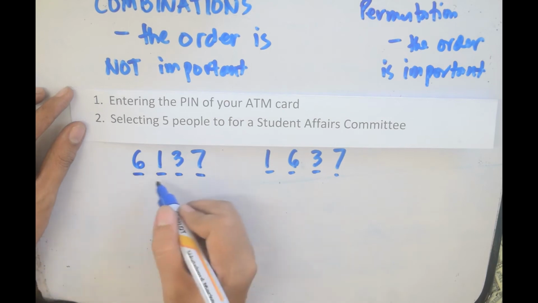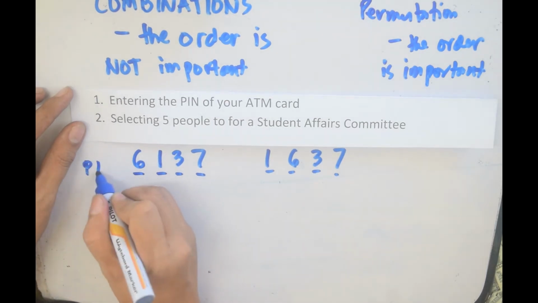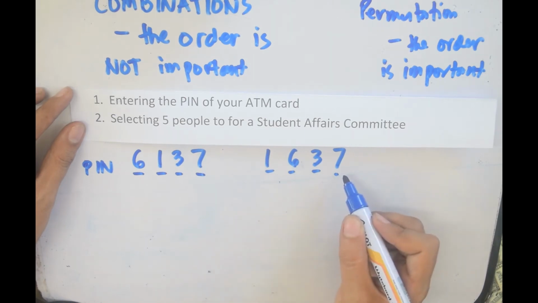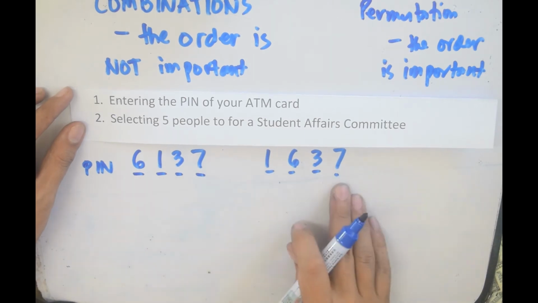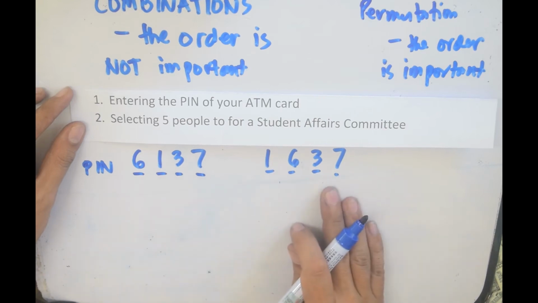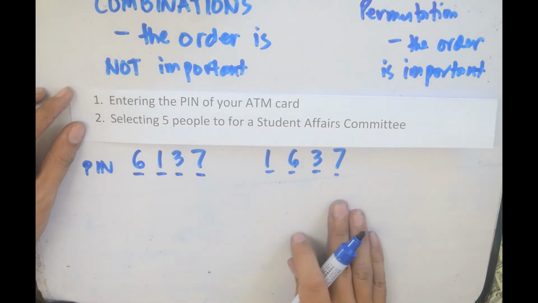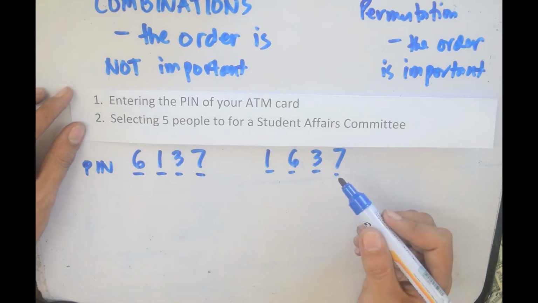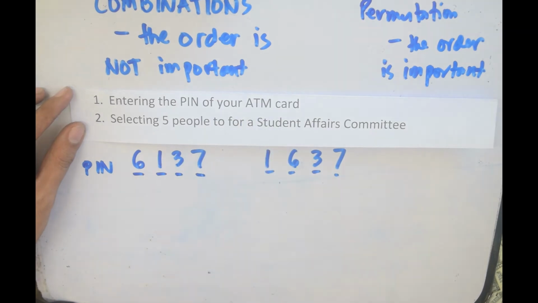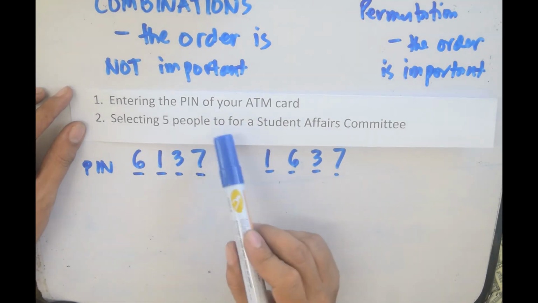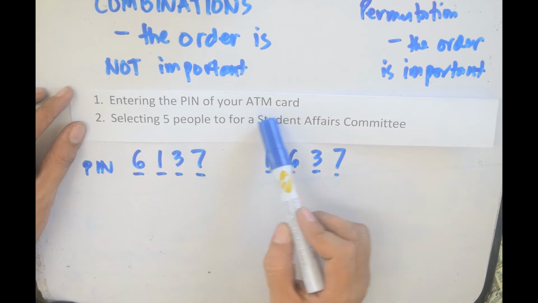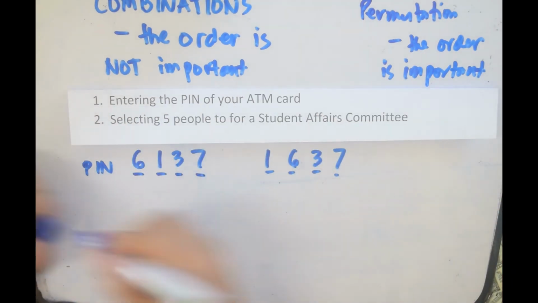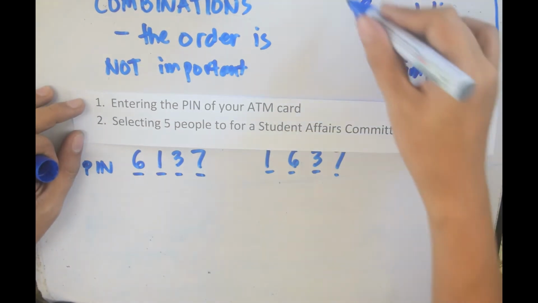This is your original PIN, but you enter 1637. Are these two numbers the same? Of course, they are not the same. Therefore, in the number 1 scenario, the order is important. In entering the PIN of your ATM card, the order is important. Number 1 is the example of permutation.